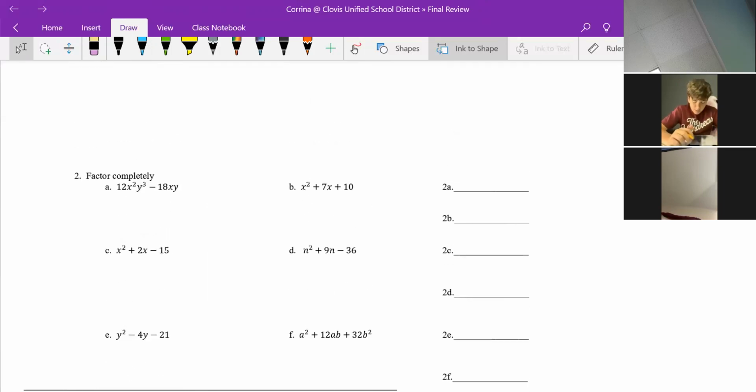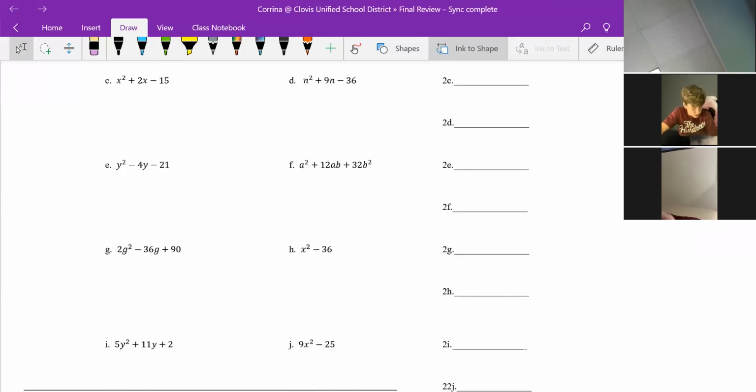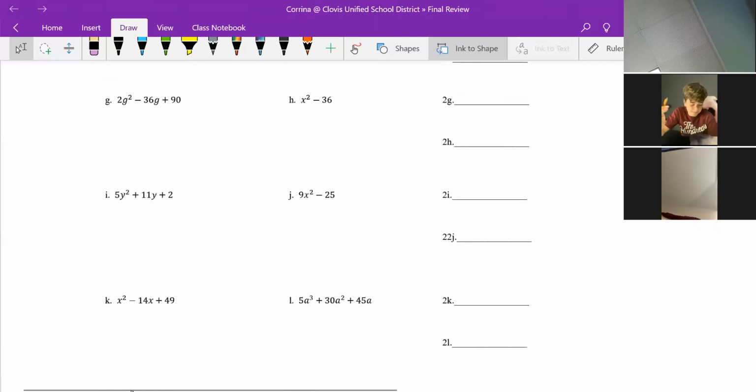Because I kind of remember how to factor the ones where it's like, let's say, letter L. You remember how to do that one, or that's the kind you have a question on? I feel like I remember how to do those.